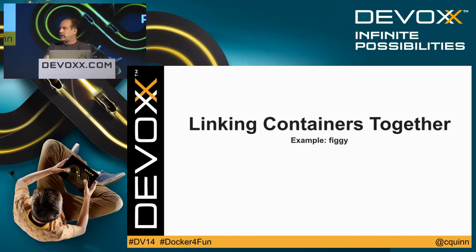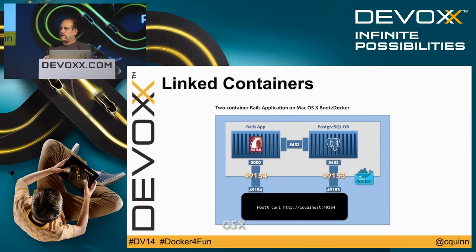But I'm even too lazy for that, so I'm going to show you how to use another tool called Fig, which is really handy for launching a bunch of containers at the same time. It's a really simple little command line tool that works kind of like a Docker file creating one image for you. Fig can be used to launch a handful of containers in a very repeatable way.